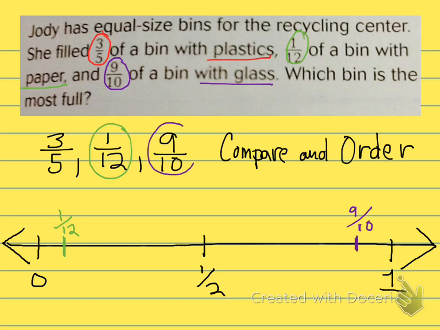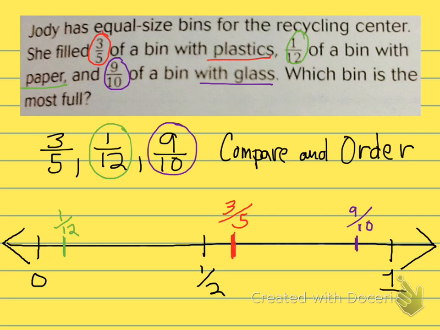So when I think of half of 5, it's 2.5 fifths. So 3/5 is more than half. I would say 3/5 is probably right around there. Definitely more than half, and that's important for you to know.